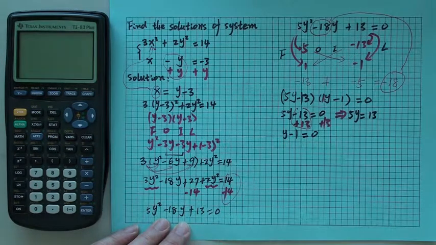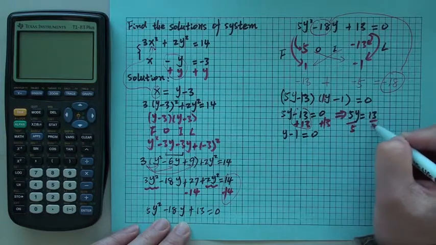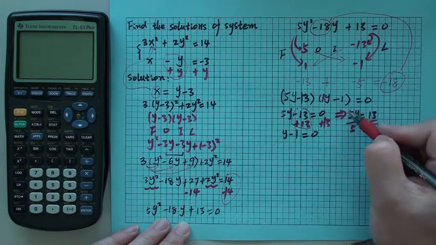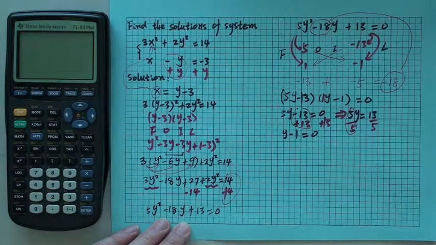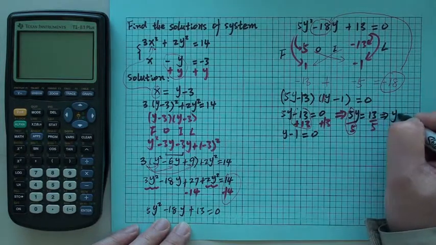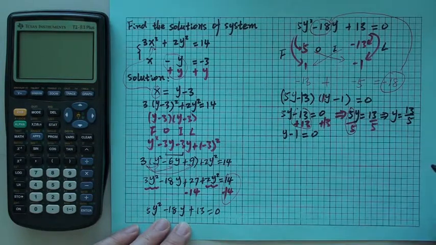Then you divide by 5. 5 divided by 5 is 1, so you have y equals 13 over 5.